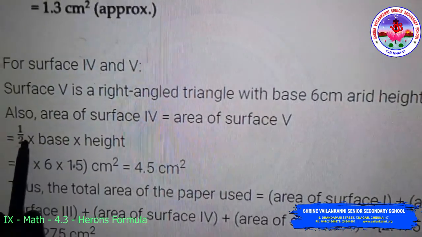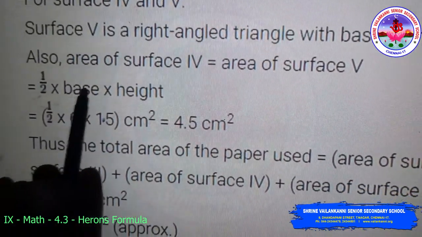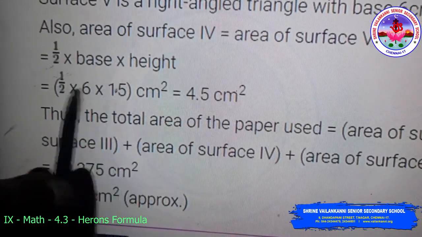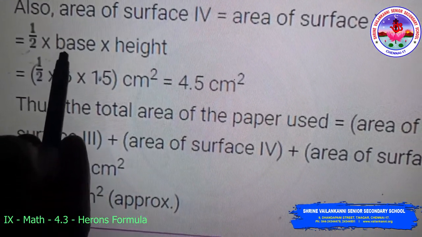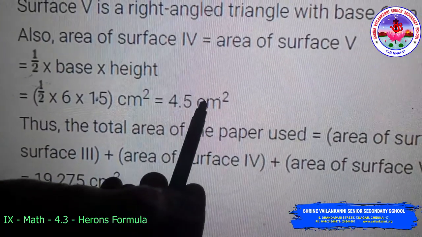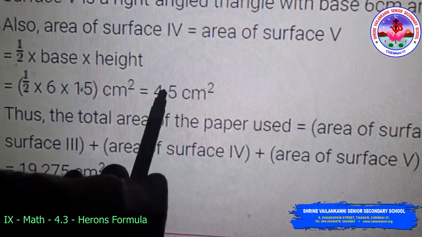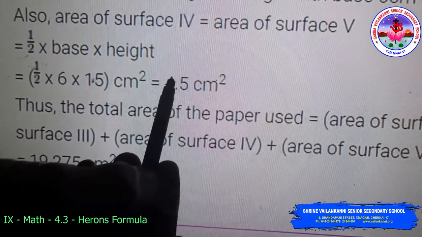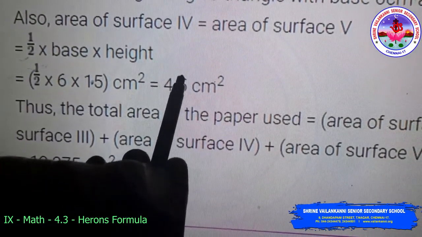So the area of the triangle is equal to half into base into height. So half into 6 into 1.5. 2 will go into 6 three times, 3 into 1.5, which is equal to 4.5 centimeter square. Since it is the area for two triangles, I am just multiplying 4.5 with 2.